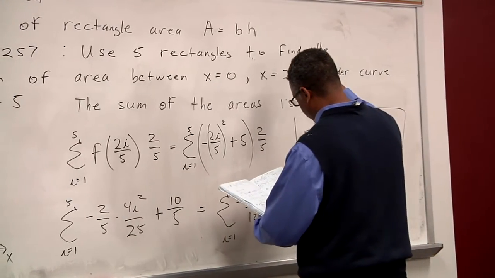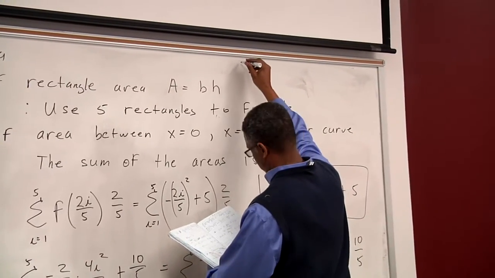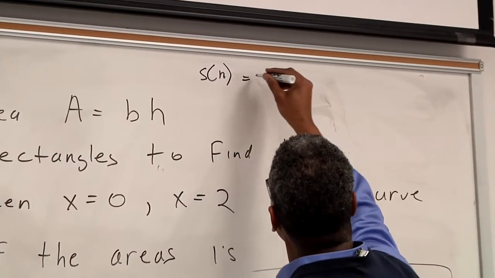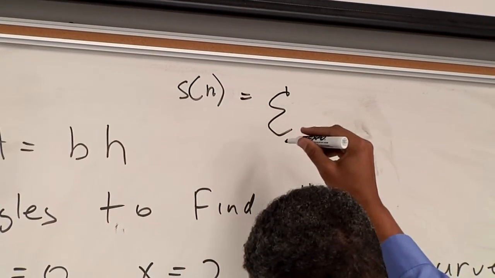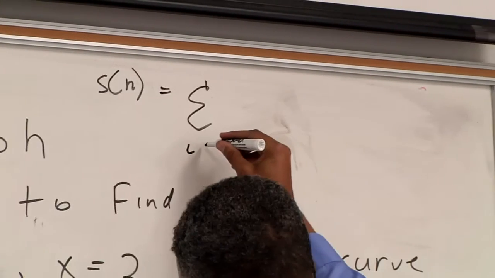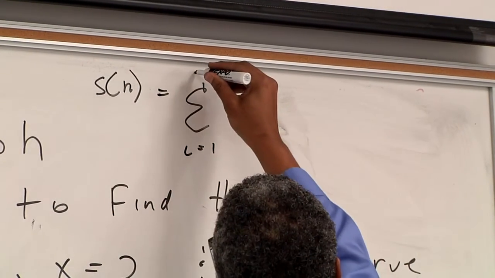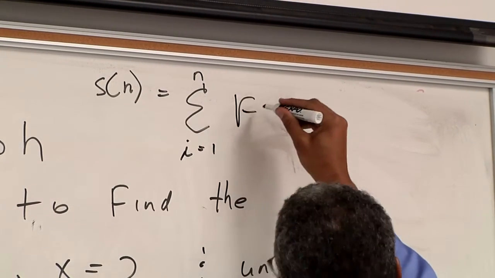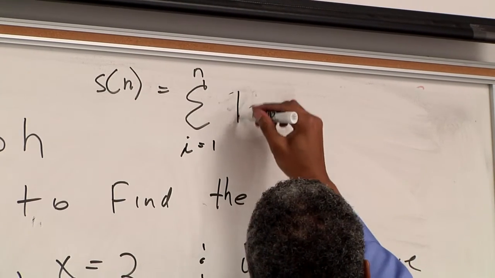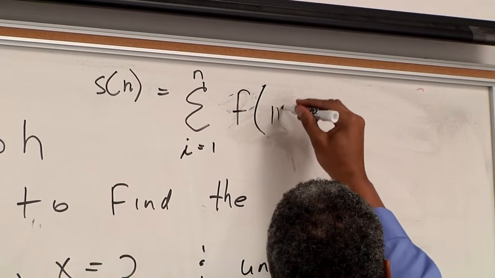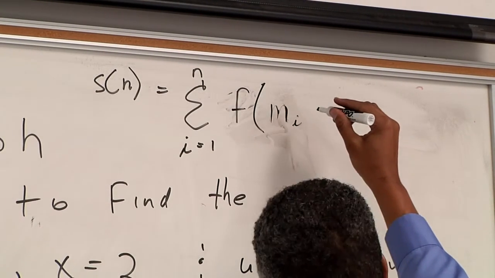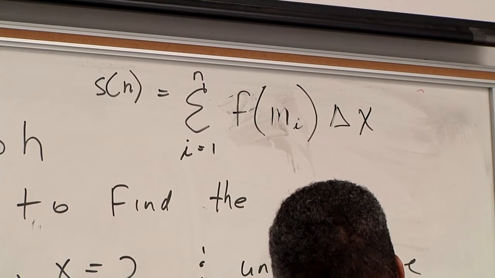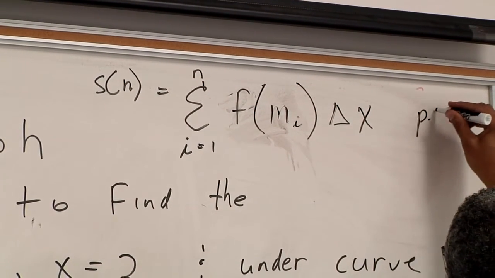So the general formula would be S lowercase n equals the summation from i equals 1 to n of f of lowercase m i delta x. This is on page 258 in your textbook.